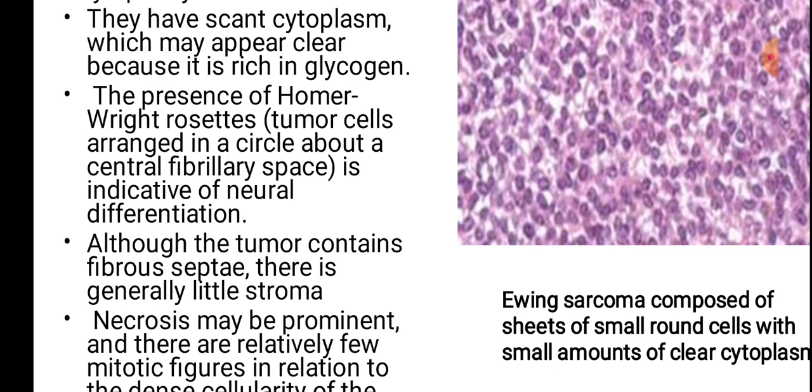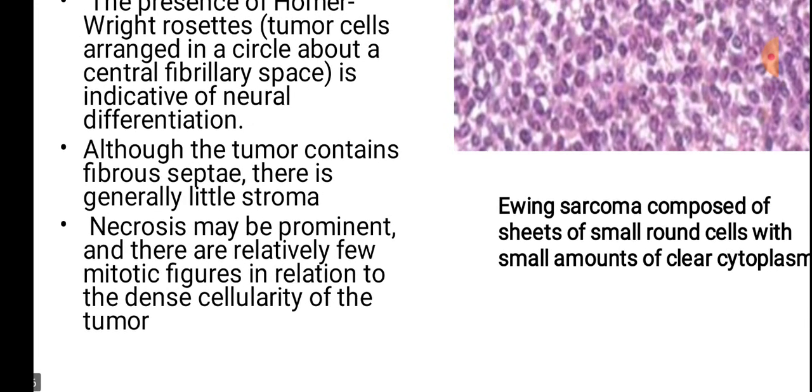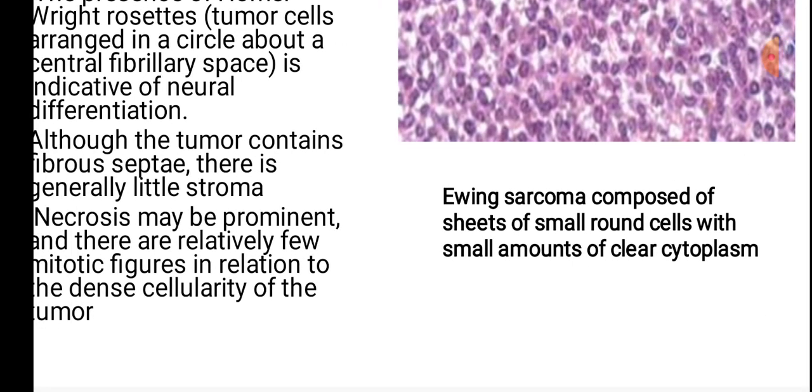Tumor cells arranged in a circle about a central fibrillary space are indicative of neural differentiation. Although the tumor contains fibrous septae, there is generally little stroma. Necrosis may be prominent and there are relatively few mitotic figures in relation to the dense cellularity of the tumor.